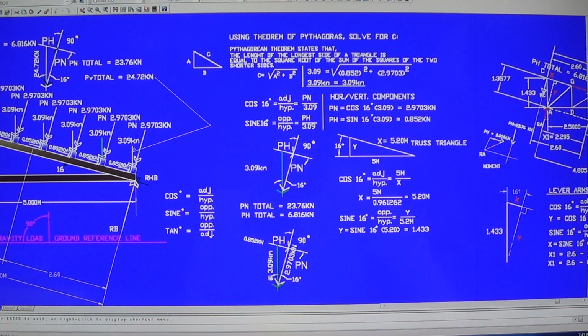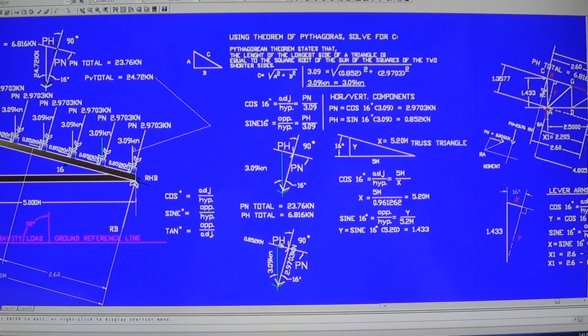So resolving 3.09 into two components, pH and Pn. The pH, when you look at this, is opposite the 16 degrees right here. Therefore, when you see the opposite side, that involves the sine function.